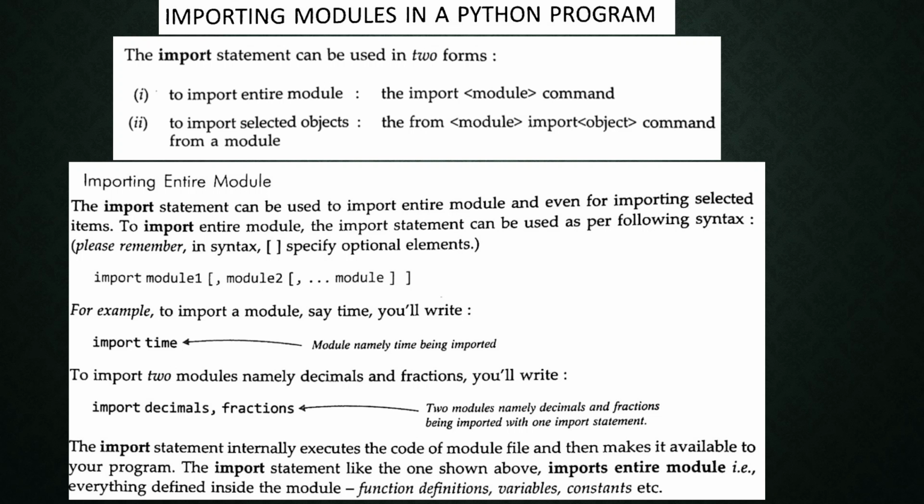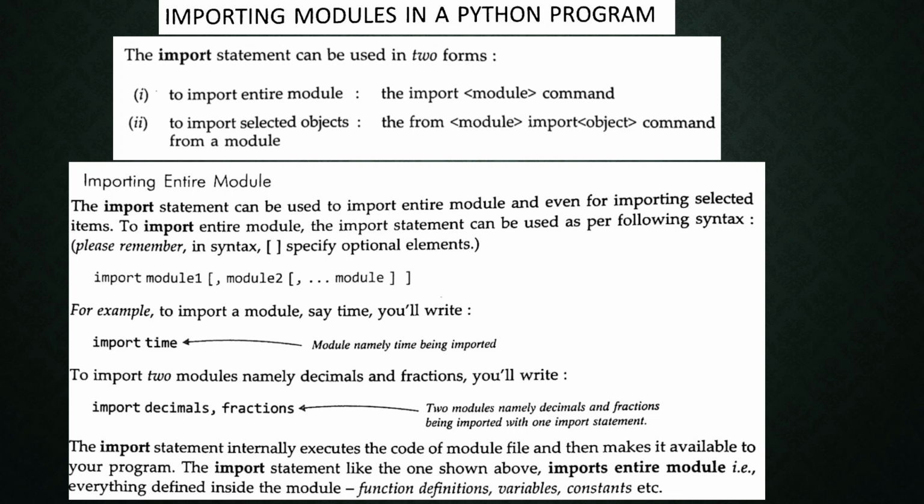So we can type it like this: import module1, module2, module3 up to module n. For example, to import a module, in case you are using time, you will write: import time. Here time is the module name.